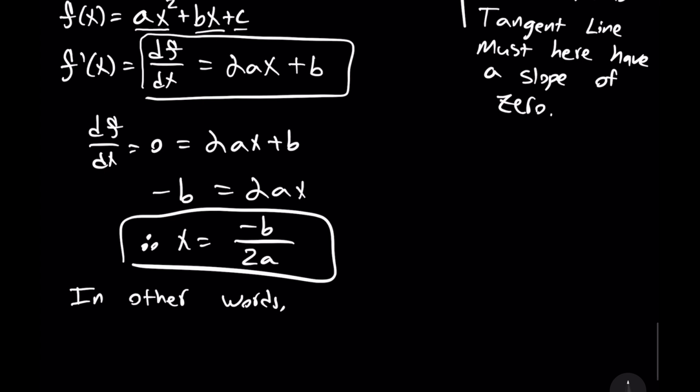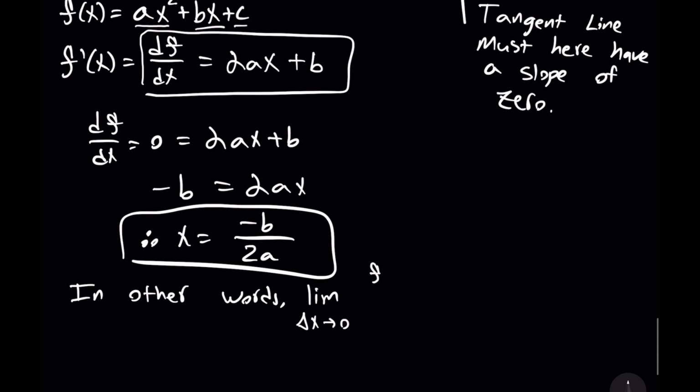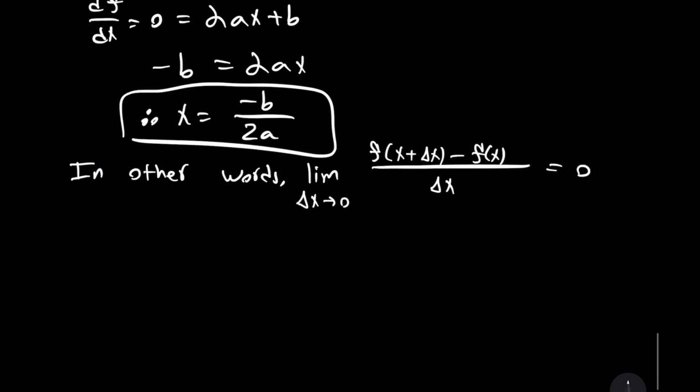In other words, we can also think about this in terms of a limit. So we have the limit of delta x as it approaches 0 of f of x plus delta x minus f of x over delta x. And then we're also going to set whatever that happens to be equal to 0. The same thing. So let's work on that.